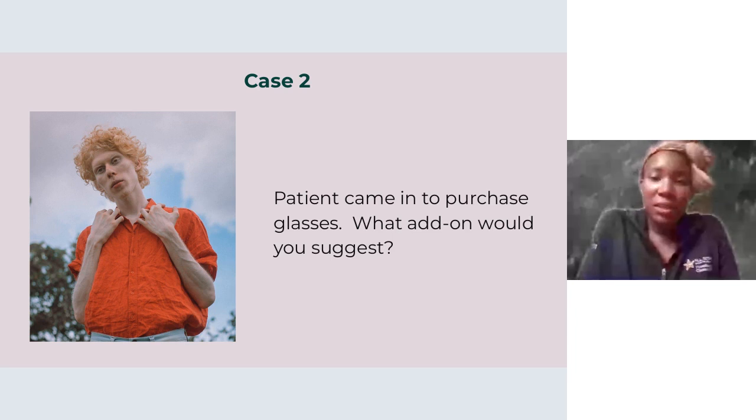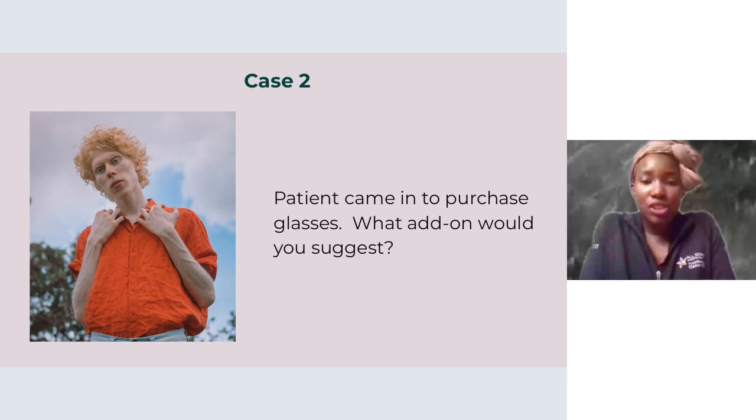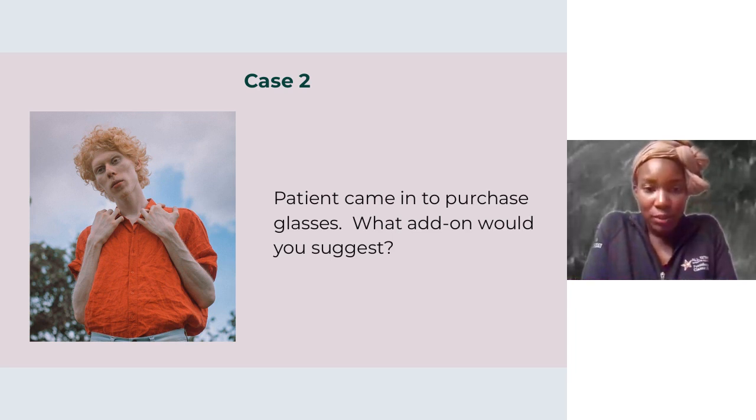Okay, so this patient's coming in to purchase glasses. What would you suggest? What do you notice about this patient? Yeah, they're albino. Good job. And what are some common issues with people who are albino? Yeah, sunglasses, definitely.